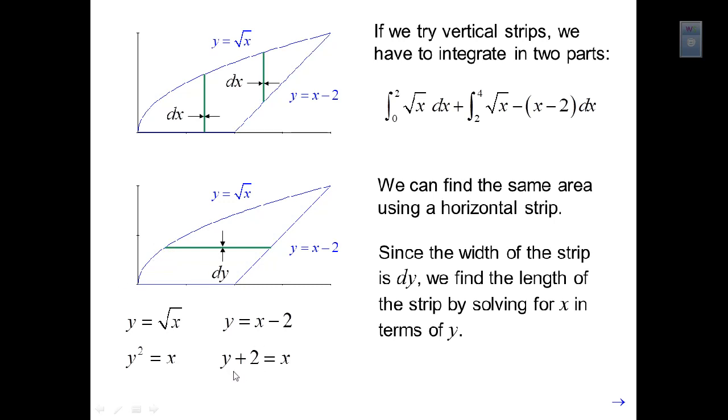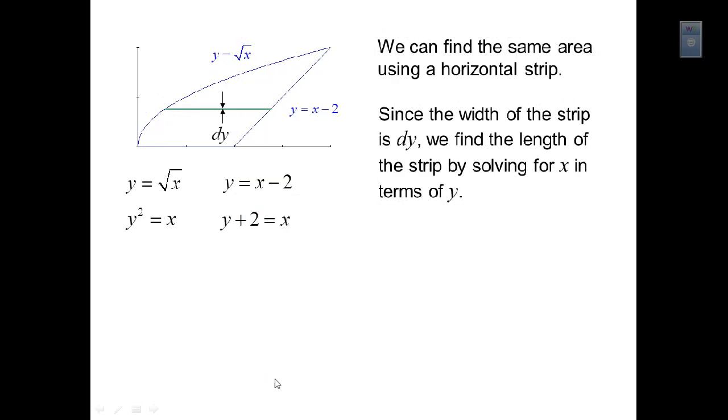So you would do y plus 2 minus y squared. You would not do, like you would here, the square root of x minus x minus 2 in parentheses. You would do y plus 2 minus y squared. And the reason why is because we want to find what the length of this is in a positive way.